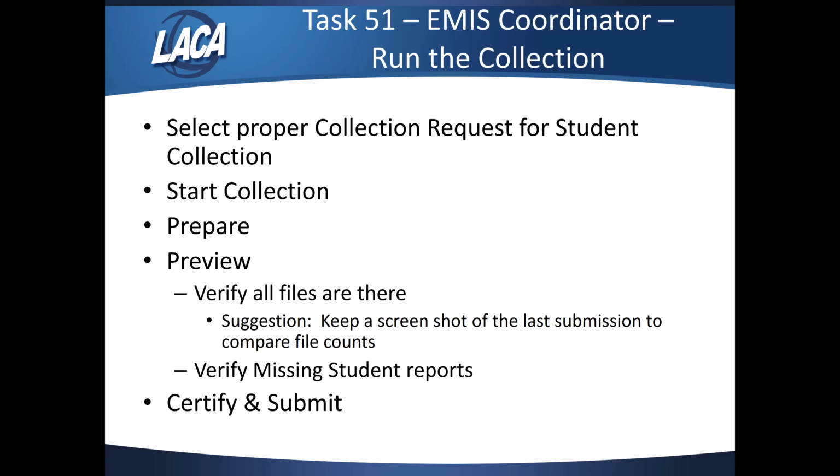I don't recommend you submit until you verify why you have that red X. It could be a very legit reason. Someone went in and cleaned up a whole bunch of records that shouldn't have been reported in the first place.